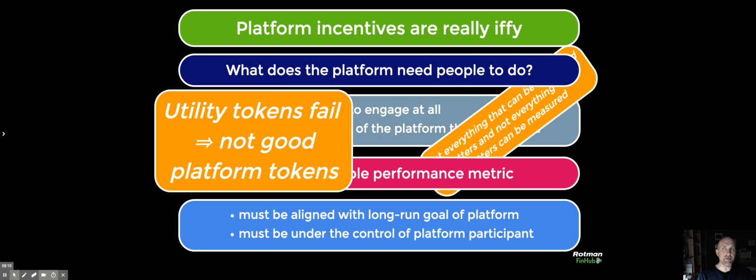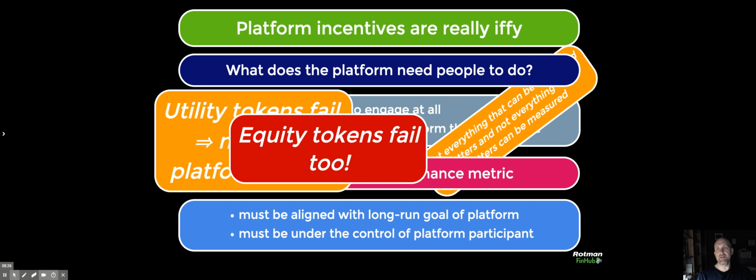So using utility tokens whose value appreciates with platform success is a very bad way to incentivize people. It's just not enough under their control. And by the way, equity tokens could fail here too. It has to be something concrete that gives you concrete value. And designing those things is really difficult.